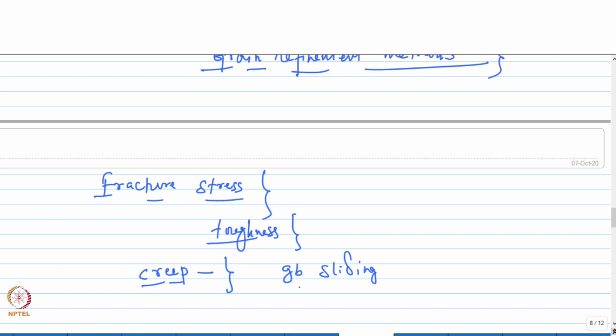So it is not difficult to understand that if the grain boundary area increases, the grain boundary sliding will also increase, and that will lead to more creep, and as a result, the creep resistance will come down as you refine the grain size.